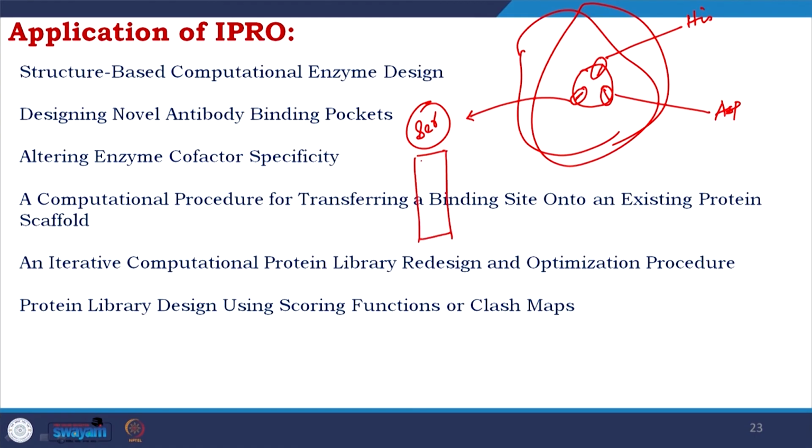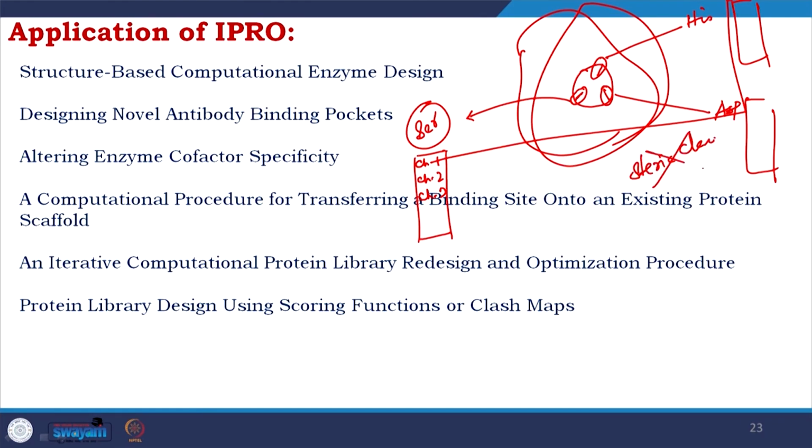Change 1, change 2, change 3 and so on, similarly here, then make those combinations and see that when you make them, do they make any steric clash or not. If they are making steric clashes, then take them out. Also, you develop a score so that you can tell whether your changes are better or not.